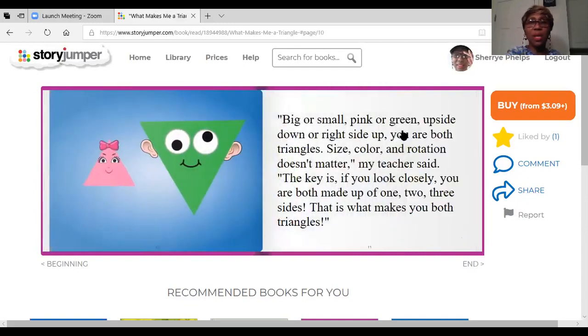Big or small, pink or green, upside down or right side up, you are both triangles. Size, color, and rotation doesn't matter. My teacher said, the key is if you look closely, you are both made up of 1, 2, 3 sides. That is what makes you both triangles. Is that right? 1, 2, 3. That is right.